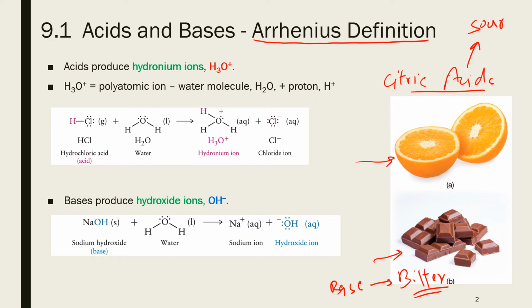Arrhenius defined that acids are those substances which produce hydronium ions when they are dissolved in water. Hydronium ion is formed when the H positive from any acid mixes with water. So this combination gives us hydronium ion.